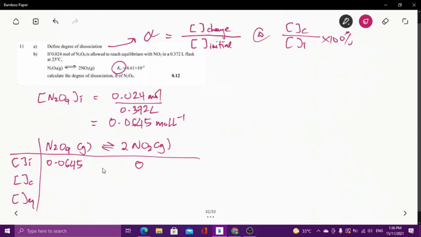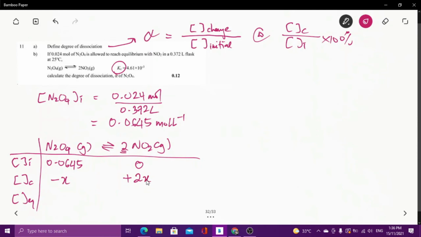Okay, now we look at the change. Change yang kat sini kita nak dapat, tapi value yang kita akan dapat kat sini adalah masih lagi dalam bentuk negatif x. Okay, so perubahan itu dalam bentuk x. Tapi untuk NO2, since dia ada dua dekat hadapan ni, okay, so now the change here kat sini akan jadi 2x.